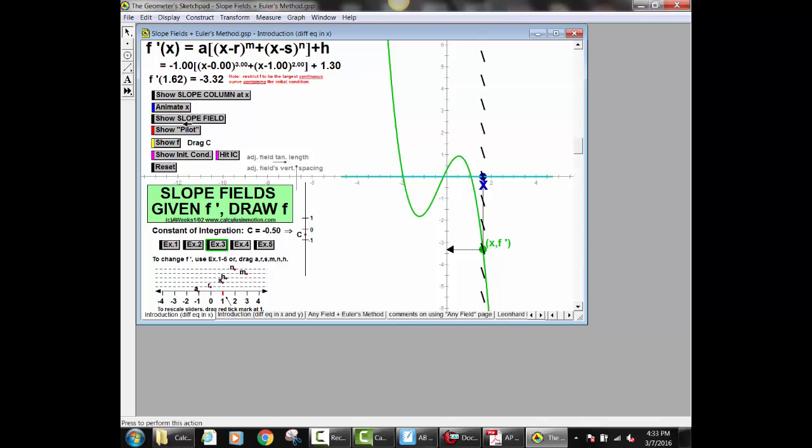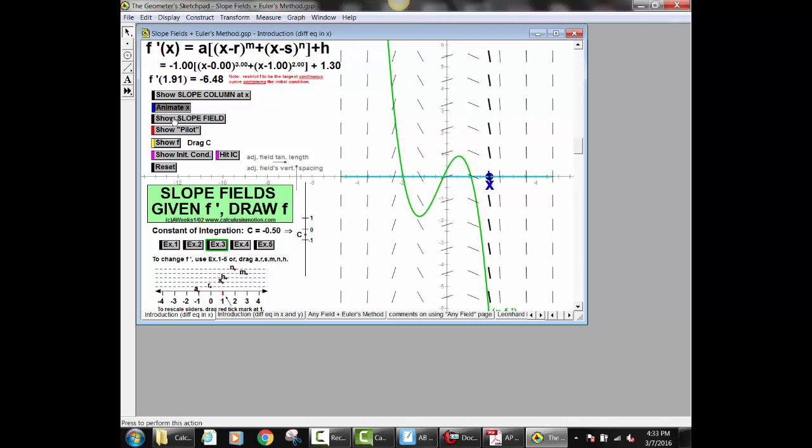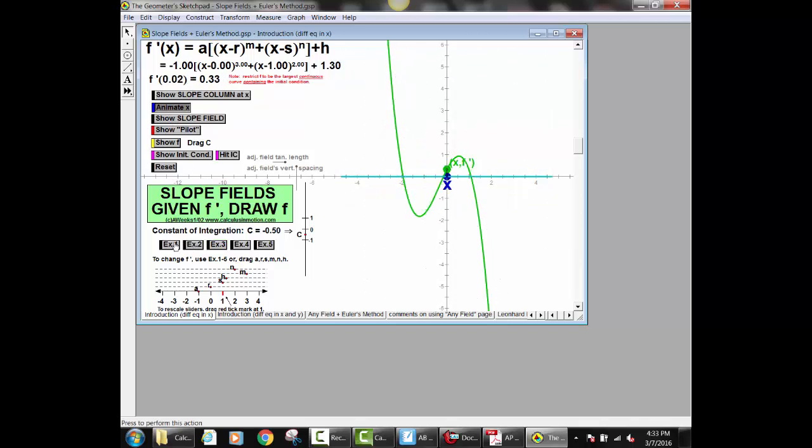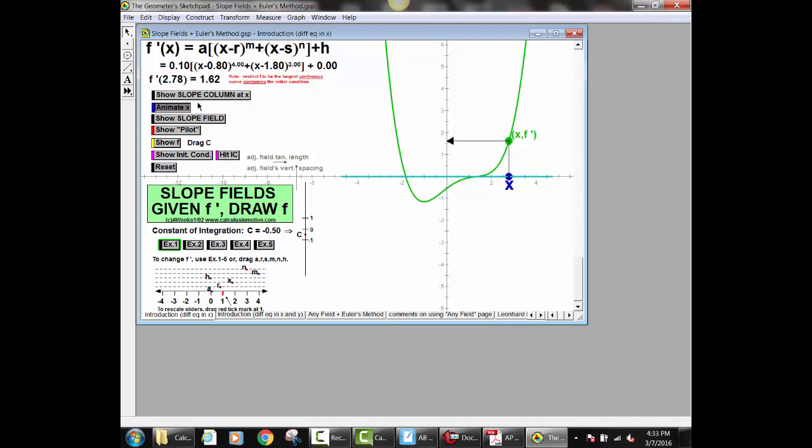And then they're going to show them to you as the x's go around. Whoops, you see that? Show the slope field. Okay. All right, just to get a visual, reset, go with the first one.